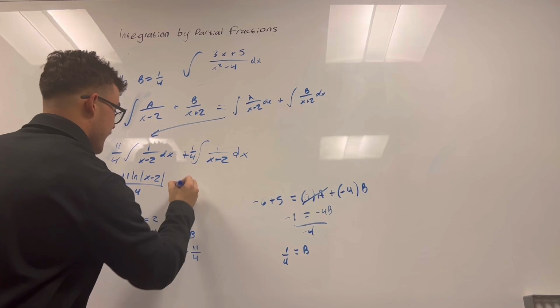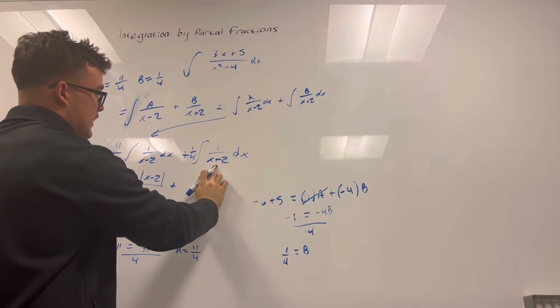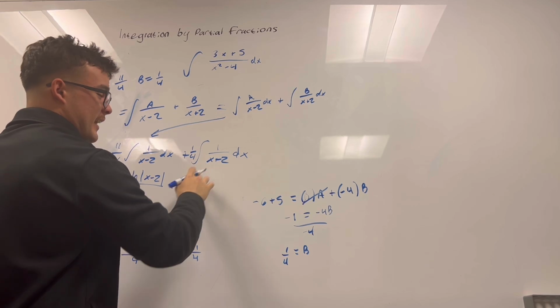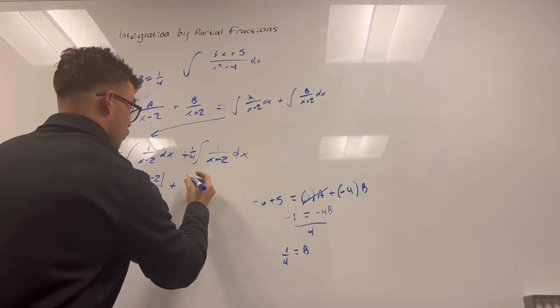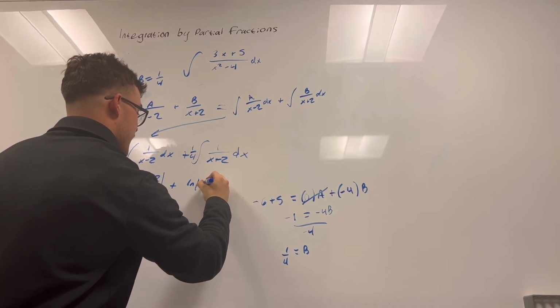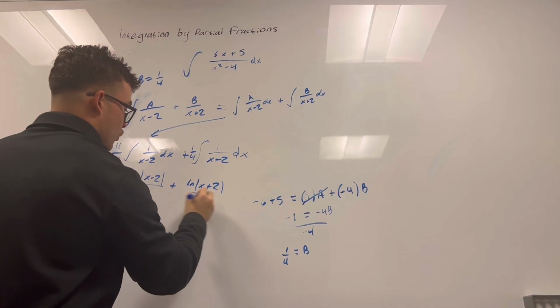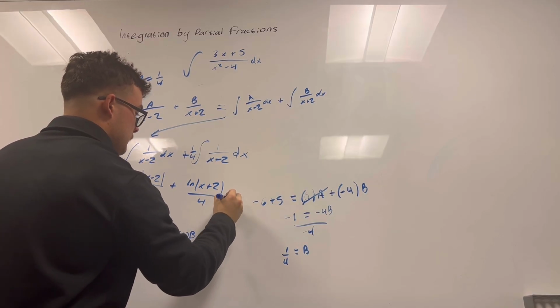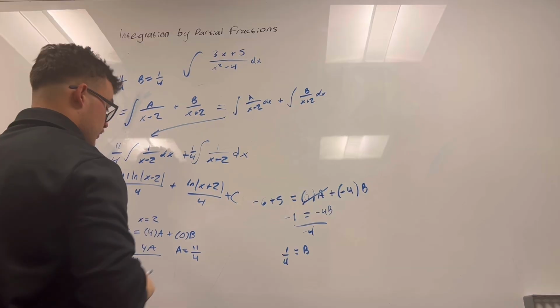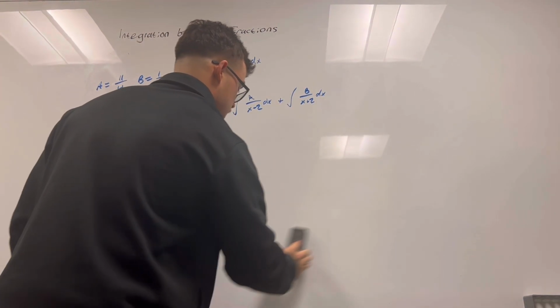And then you're gonna add that to, well, I think this integral is just gonna be ln absolute value x plus 2. So we're gonna write that ln absolute value x plus 2. And then you're gonna divide by 4 plus c. So that's actually gonna be your final answer to this specific problem.